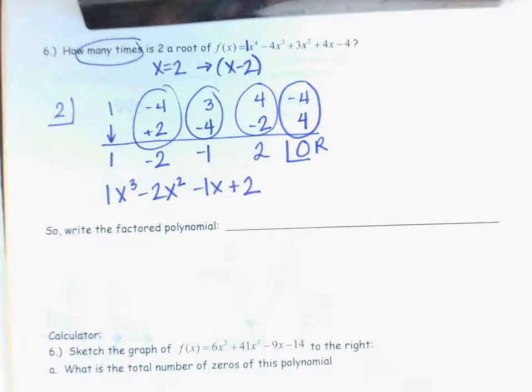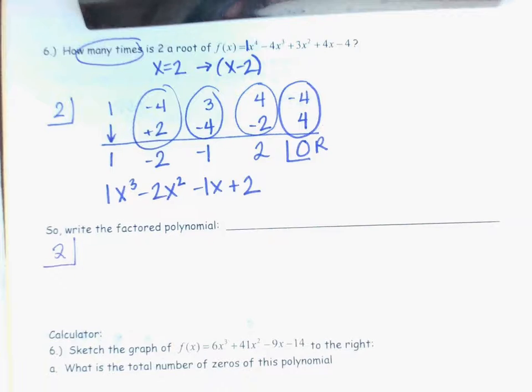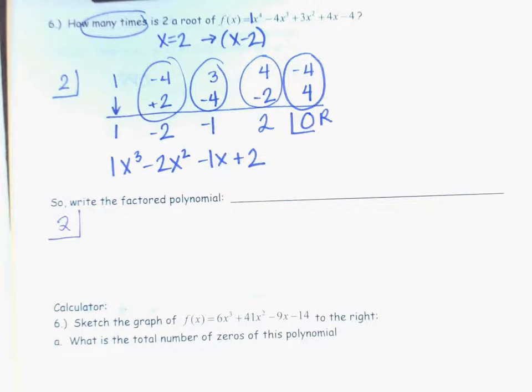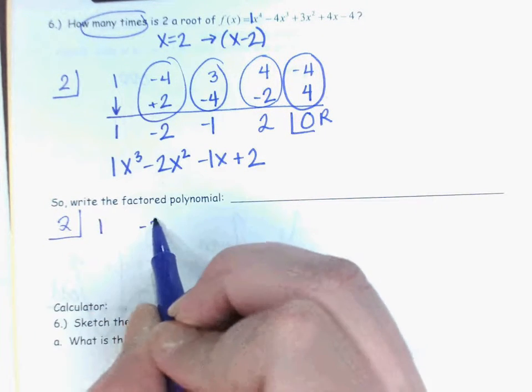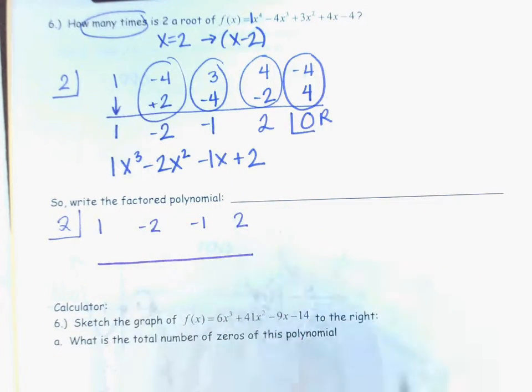So at this point, it's a single root. If it can divide again, it will be called a double root. So let's see if it can go again. So put 2 in the box. Carry down your numbers, 1, negative 2, negative 1, and 2. And we'll see if it's a double root.